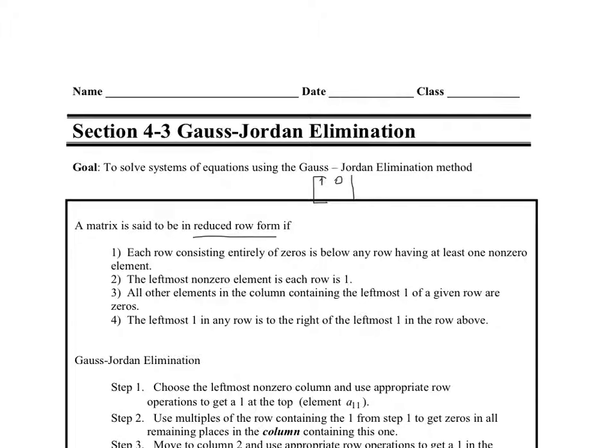We're going to see that vertical line, and then some number will appear to the right of it. The second row has to begin with a 0, and then we would have a 1, and to the right of the vertical line we would see the answer element for the y-coordinate. The top row to the right of the vertical line gives us the answer for the x-coordinate. The second row to the right of the vertical line is the answer for the y element.